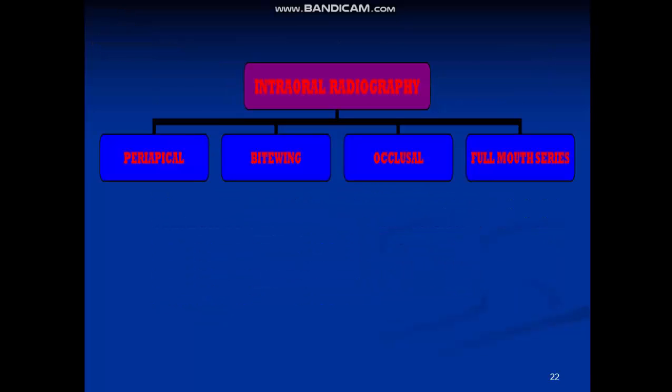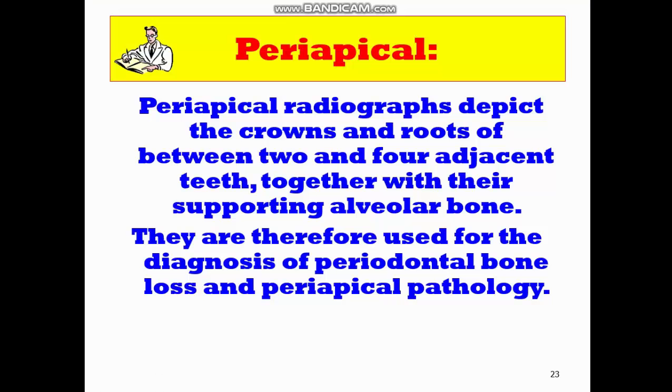In practice, we have four types of intraoral radiography: periapical view, bite-wing view, occlusal view, and full mouth series. The first type of intraoral radiography is periapical radiography.